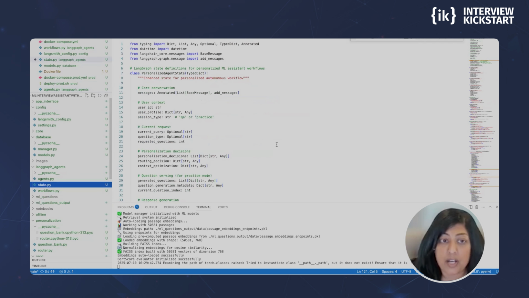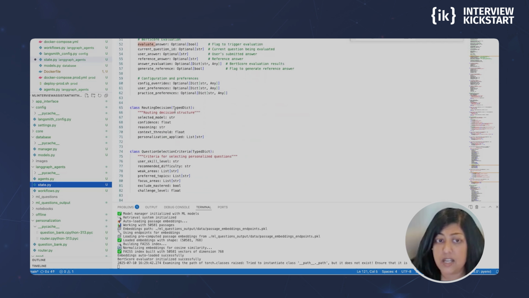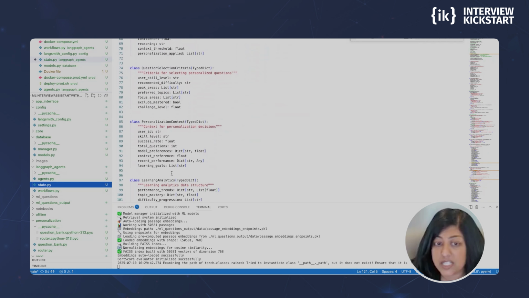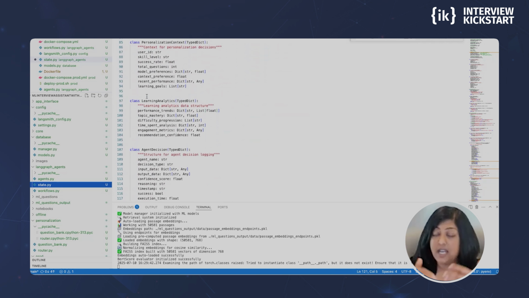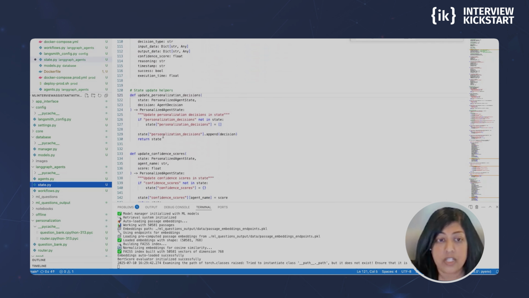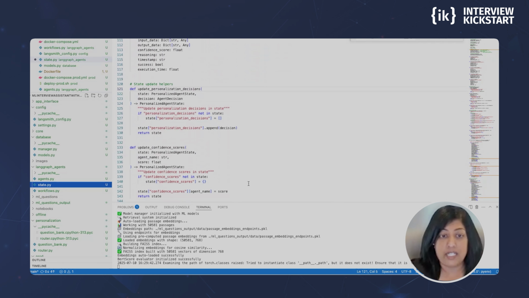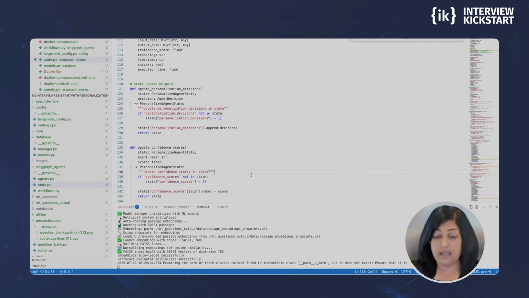There are a couple of other LangGraph state information that I'm using. In addition to the personalized agent state, I have routing decisions, question selection criteria, personalization context, and learning analytics. This is to present how the user is evolving in their learning journey. I will map it to the demo shortly. So this should give you a quick idea as to how the slides map to the code 1:1.